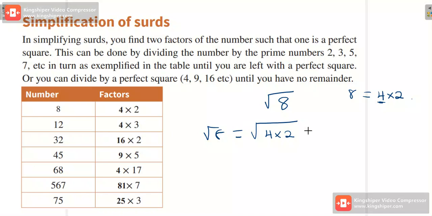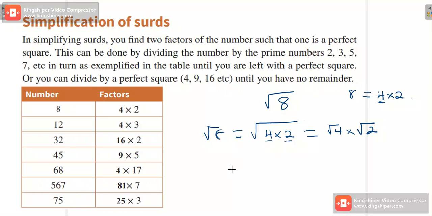Also take note that since the root is affecting the 4 and the 2, we can write them as a product, root of 4 times root of 2, because basically the root sign is affecting the 4 and the 2.